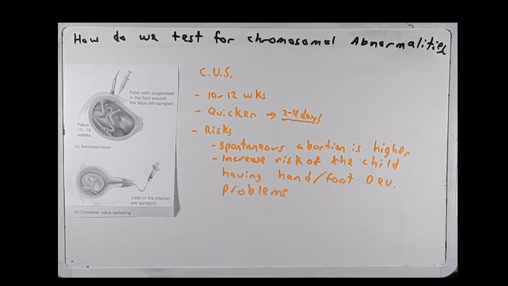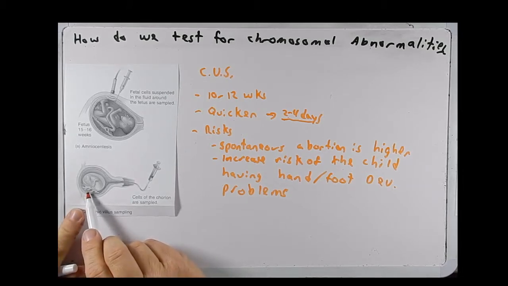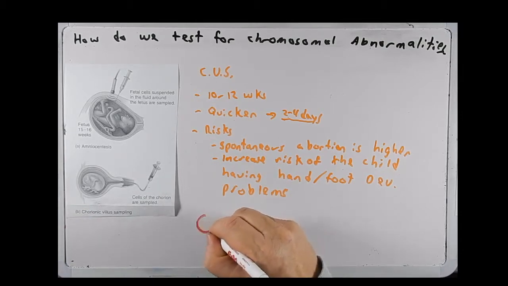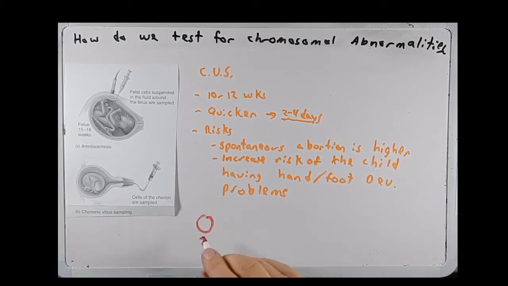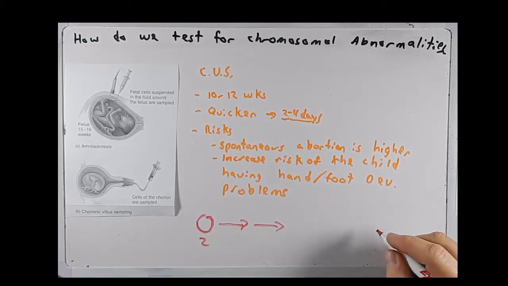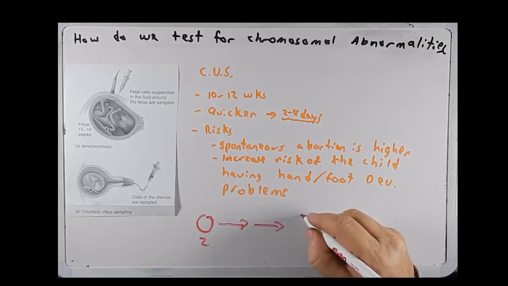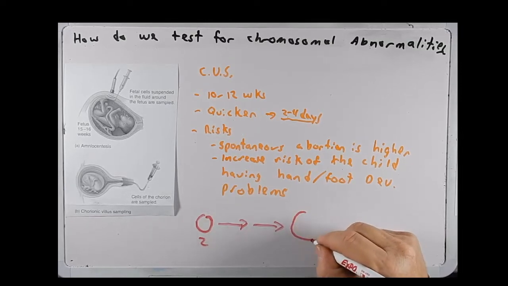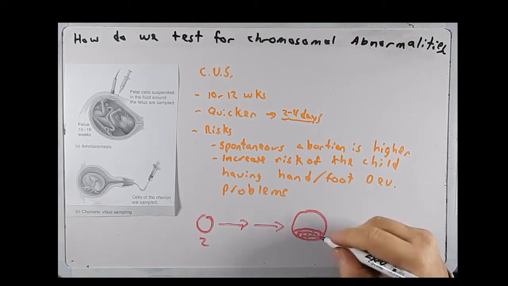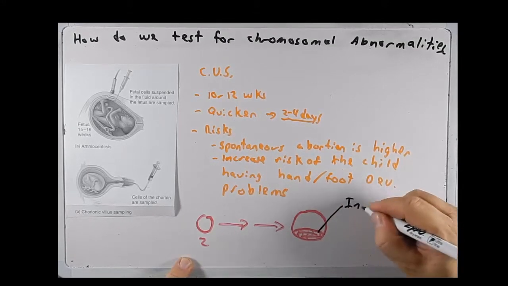Now, a question you might be wondering is, how does taking cells from this chorion tell me about the fetus? So remember, when you were a zygote, this was one cell, and that one cell went through various developmental pathways, and you formed this blastocyst. And remember, the blastocyst had all these cells here that we said was the inner cell mass.